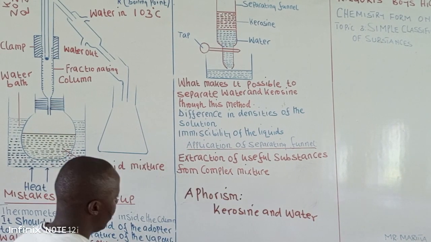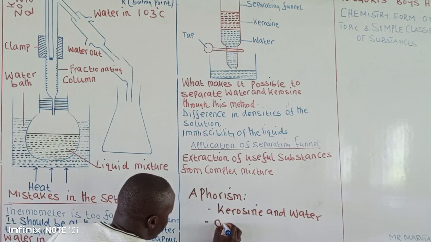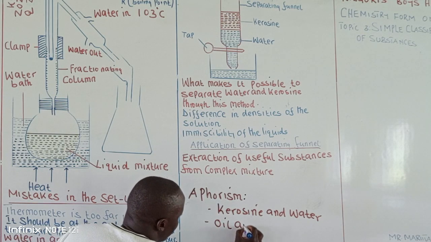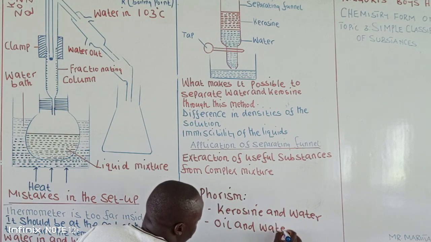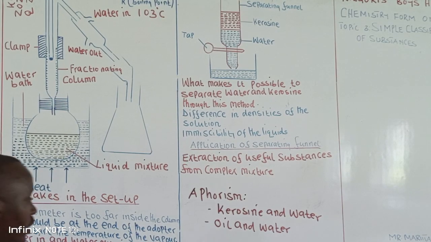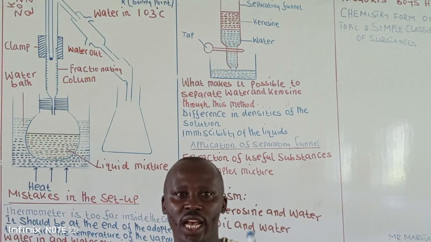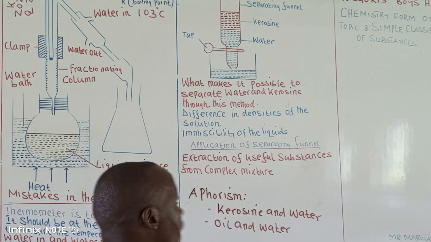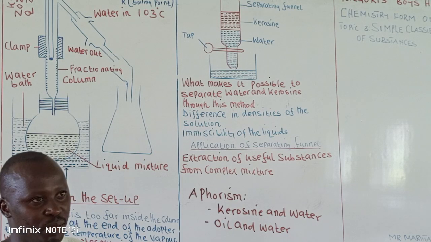Also you can talk about oil and water. Oil and water are examples of immiscible liquids, whereby they form two layers, or sometimes we call them a heterogeneous mixture. So what makes it possible to separate water and kerosene through this method?